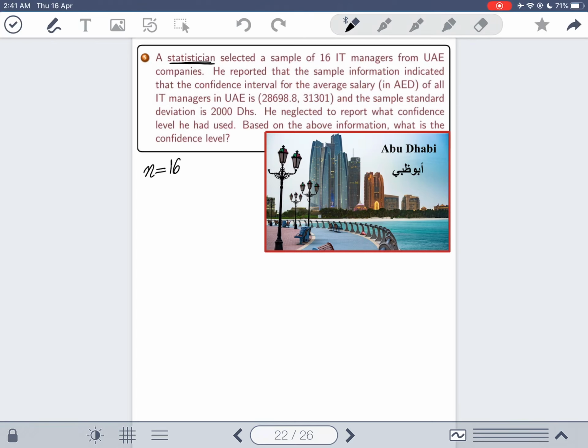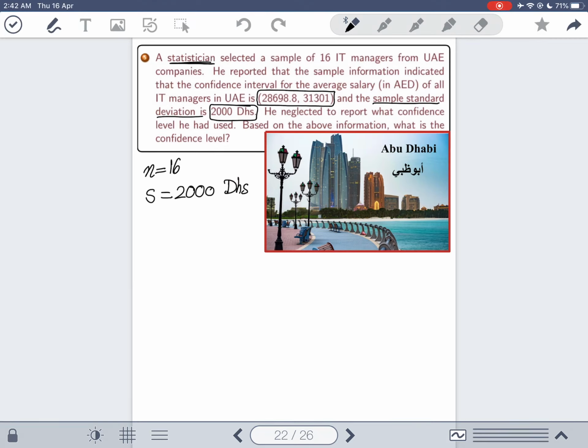He reported that the sample information indicated that the confidence interval for the average salary in dirhams of all IT managers in UAE is, so the confidence interval is this. Yeah, but what is it, 90 or 95 or 99%? It didn't give it. And the sample standard deviation is 2,000 dirhams, AED.